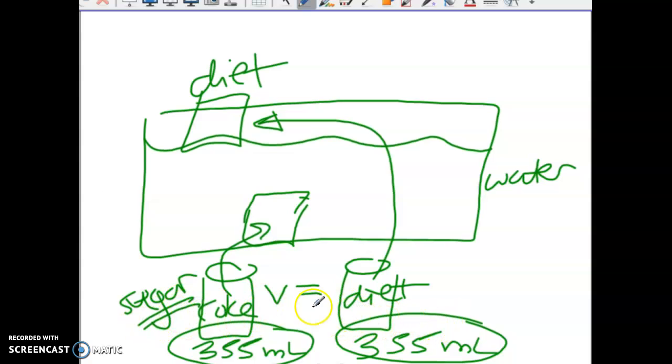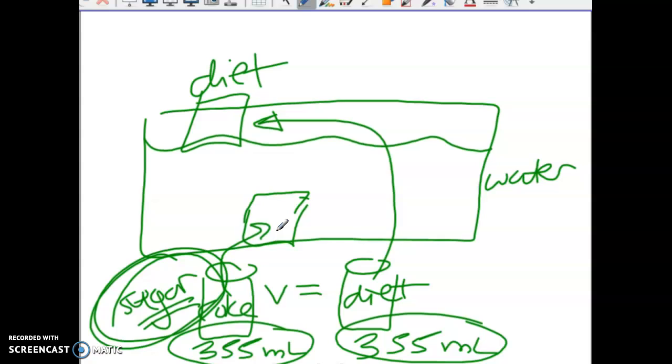So even though a lot of the chemicals are the same, because of all those extra dissolved particles, the particles in Coke are more compact, because it has the water and all the chemicals plus the sugar.